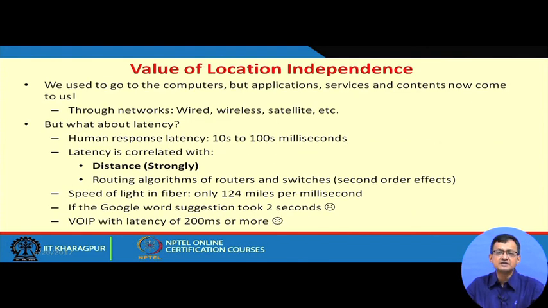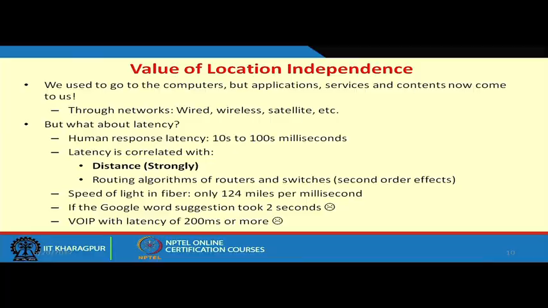There is also a value corresponding to location, or the value of location independence. We used to go to the computers, but now the application, services and contents come to us, right. There is a paradigm shift: earlier we used to go to the system to work on it, now the system power and so on are coming to my own desktop.